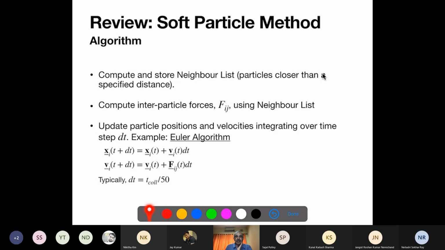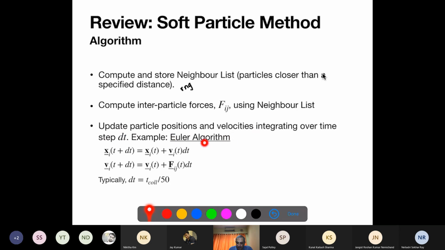Now how do we actually do the simulation? First, we compute and store the neighbor list, which is particles closer than some specified distance. Then look at what are the interparticle forces Fij using this neighbor list. Once you have calculated the forces, then update the particle positions and velocities integrating over the time step dt.